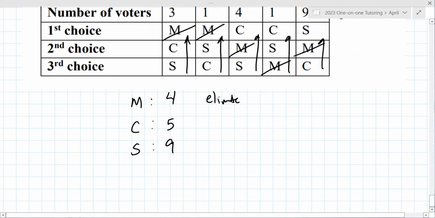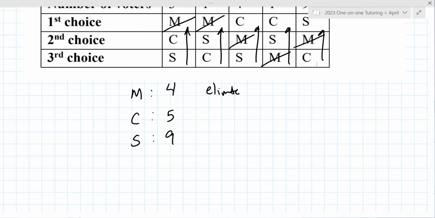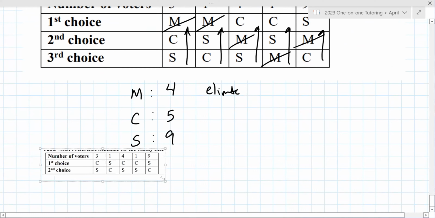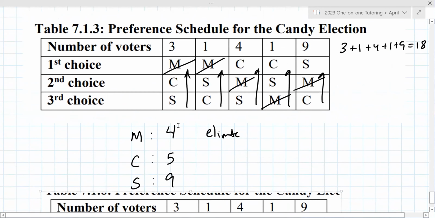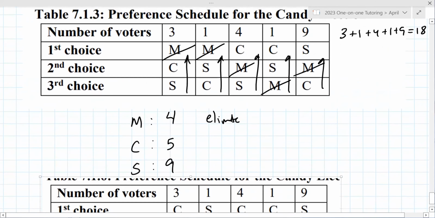Okay, so let me snip in the result of that so you can see what that looks like. Notice how, since M is gone, C and S push up. And it's the same number at the top. And the second one, sorry for all the scrolling.